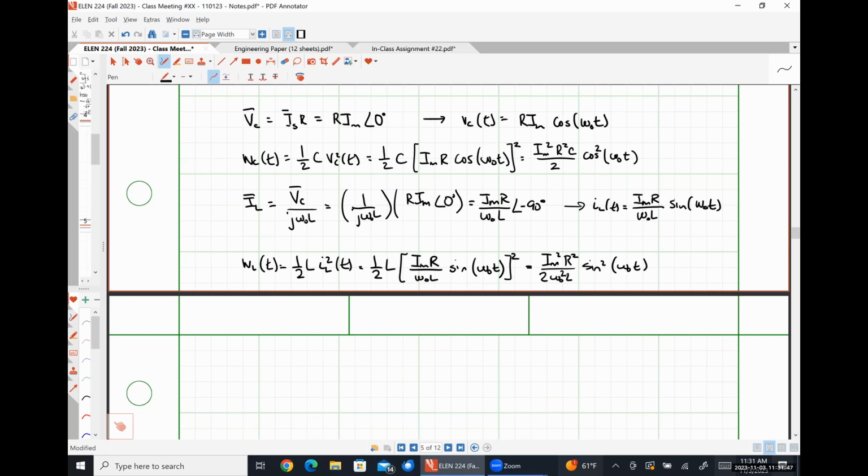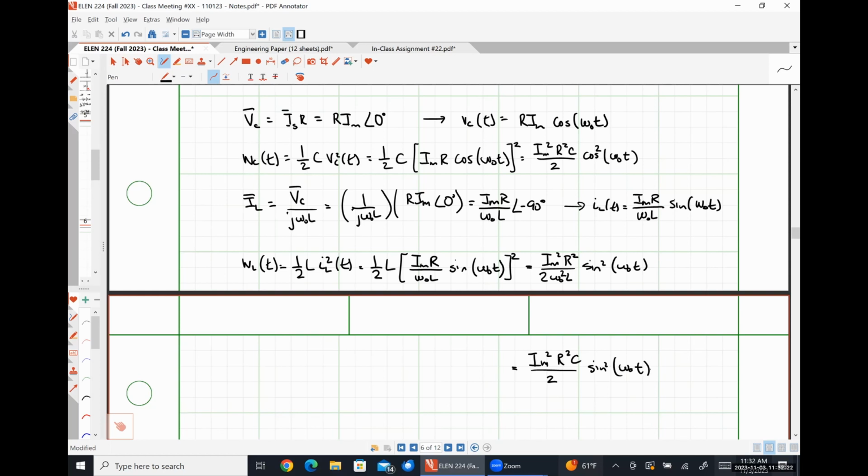Since we know that omega naught squared is equal to 1 over LC, that would be like putting an LC in the numerator. The L's would cancel each other out, and I would have a C up here. So I could write this as equivalent to Im squared R squared C divided by 2 times the sine squared of omega naught t.